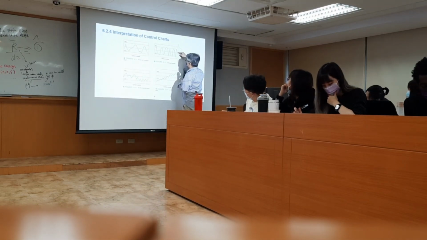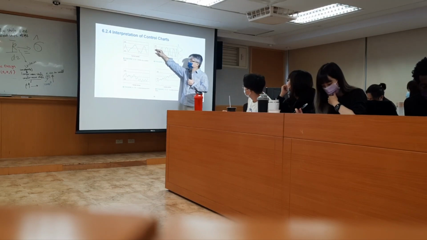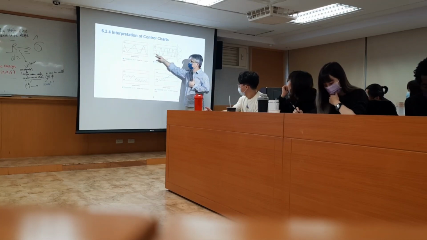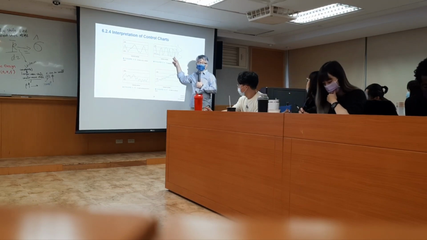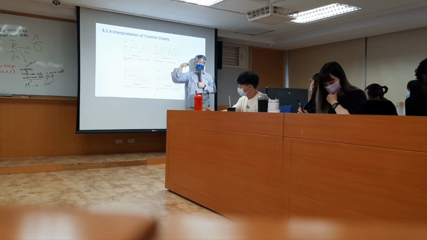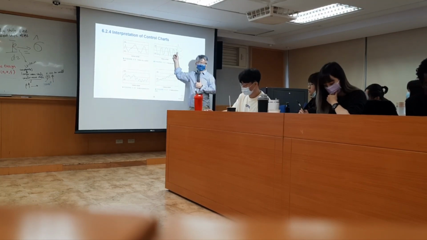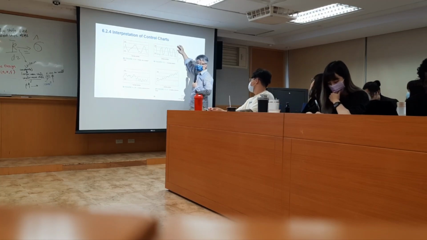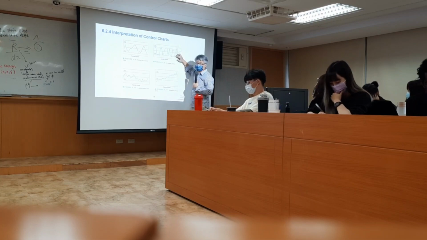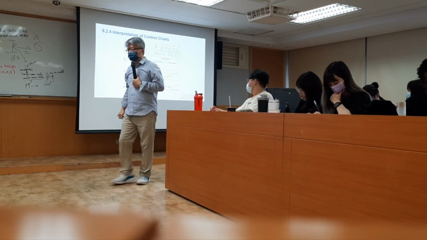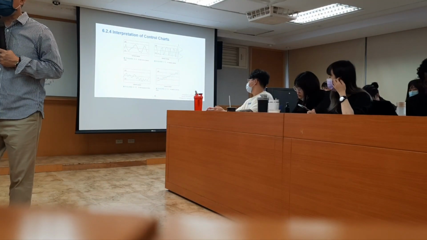Two different distributions, one very close to the upper control limit, and the other half close to the lower control limit, so it can be considered a possible mixture of two different distributions. Sometimes it goes to the upper level, the other half remains at the lower level. We call it mixture.